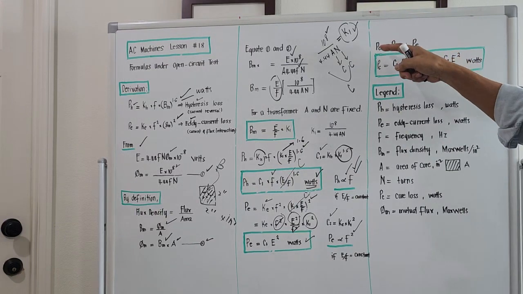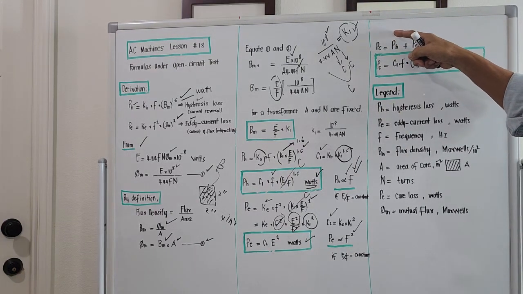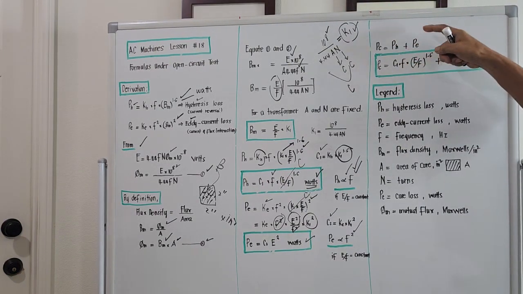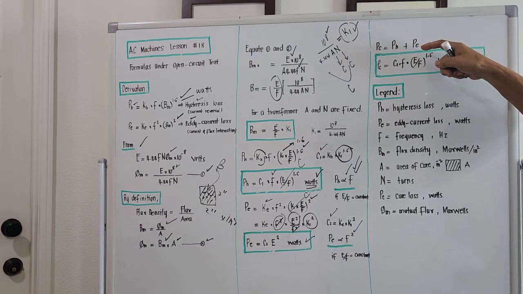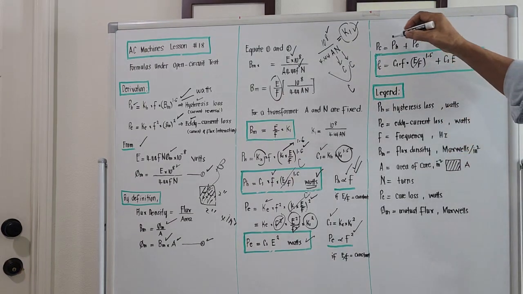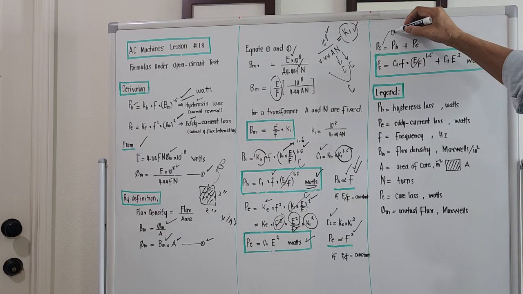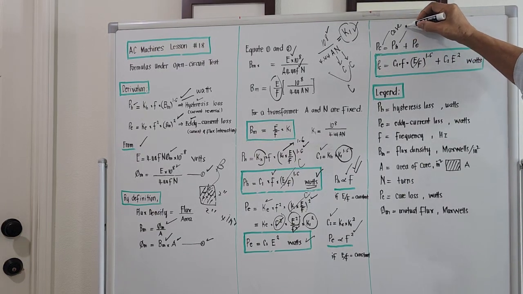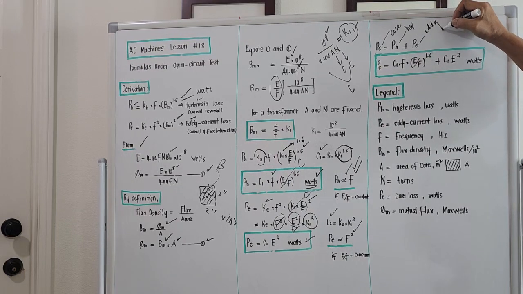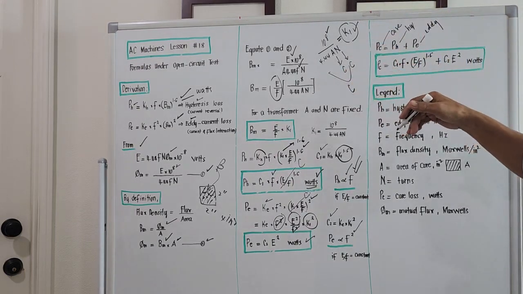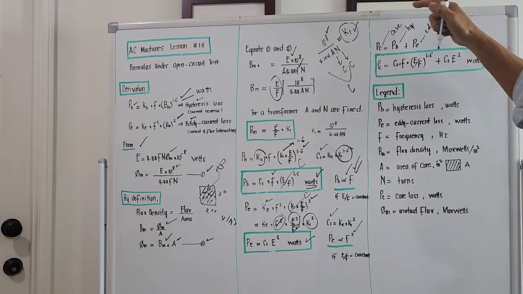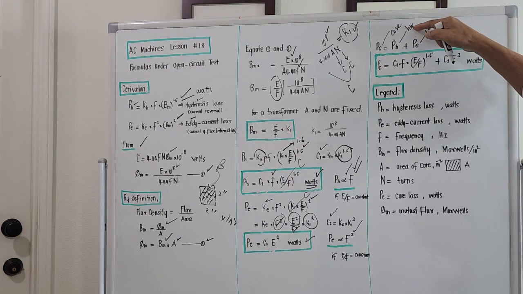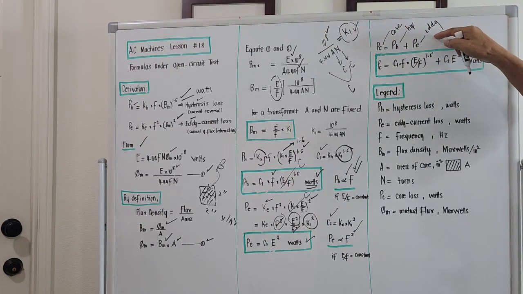Let's try to bring out the total core loss for any transformer. Capital letter P with the subscript C will be equal to capital letter P with the subscript H plus the capital letter P with the subscript E. This C here refers to core loss, this is hysteresis, and this is eddy current. So for any transformer, the total core loss will be the losses due to hysteresis and the losses due to eddy current.